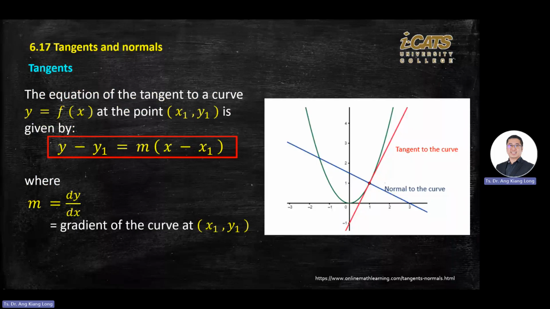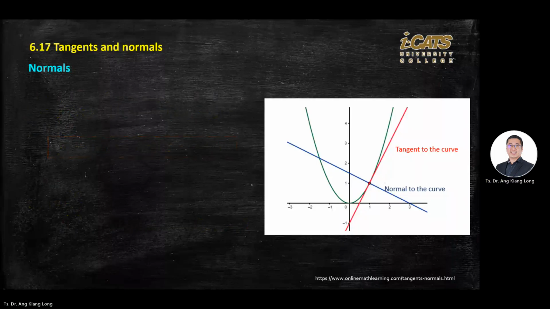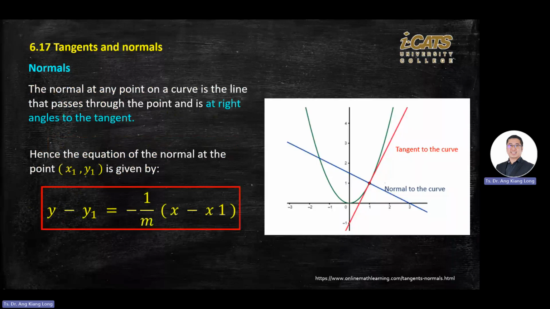This section is actually to convert. If you are able to find the red line, y equal to mx plus c, and you want to find the blue line, what you need to do is to flip the gradient into -1 over m. How to find -1 over m?